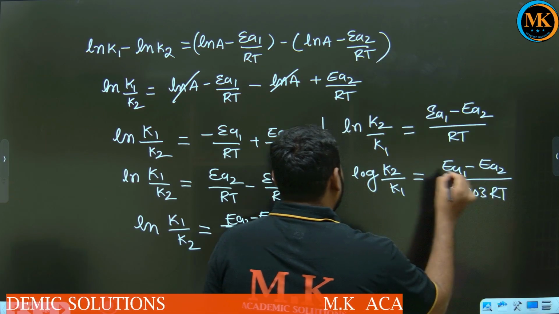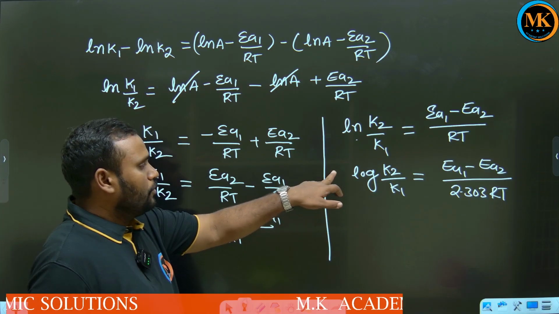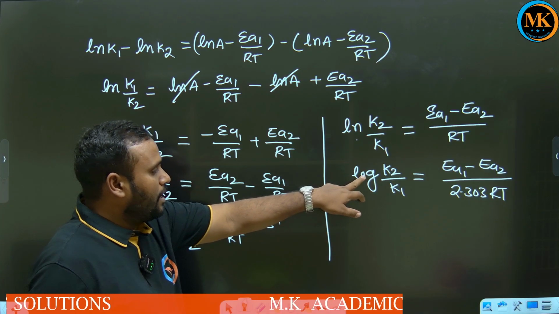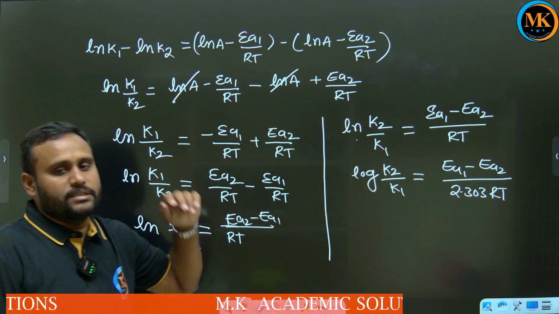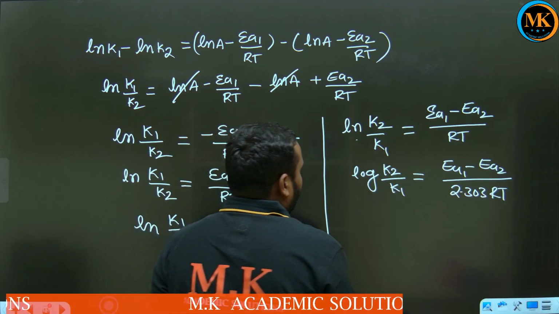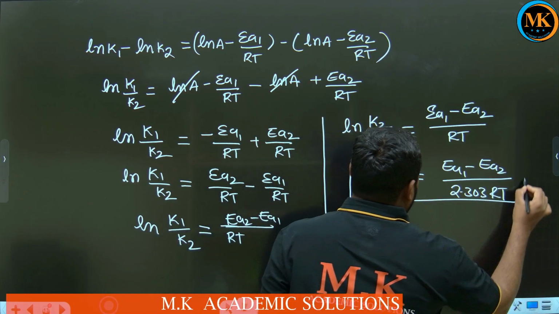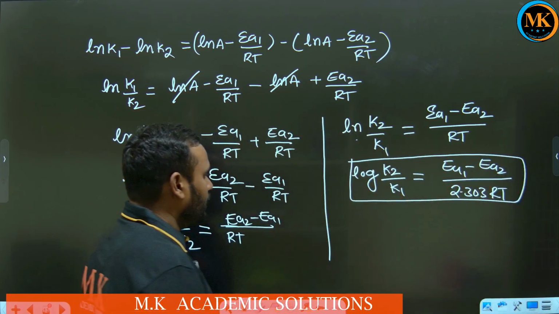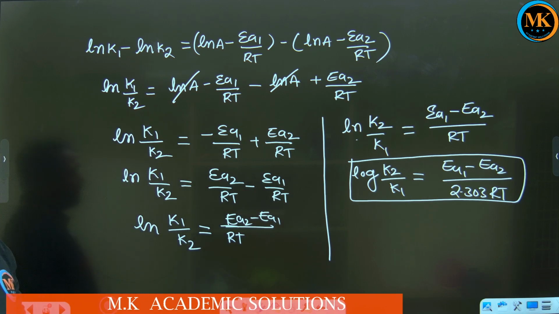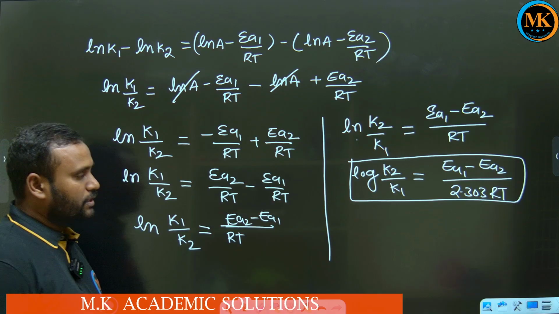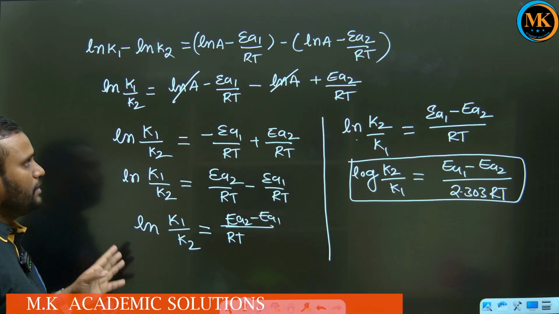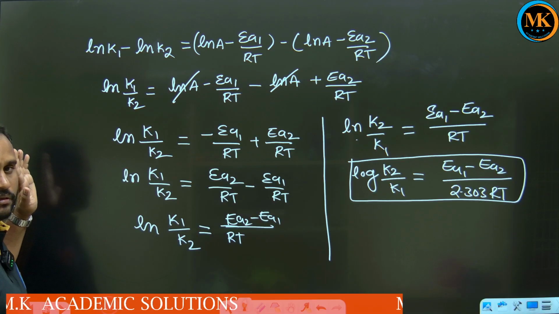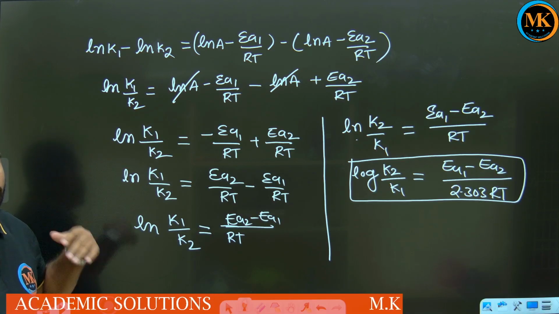Instead of ln, we write 2.303 into log K2 by K1, so that 2.303 we are sending to that side. That's why we get this final equation: log K2 by K1 is equal to EA1 minus EA2 by 2.303 RT. Okay, this is the Arrhenius equation with catalyst and without catalyst.